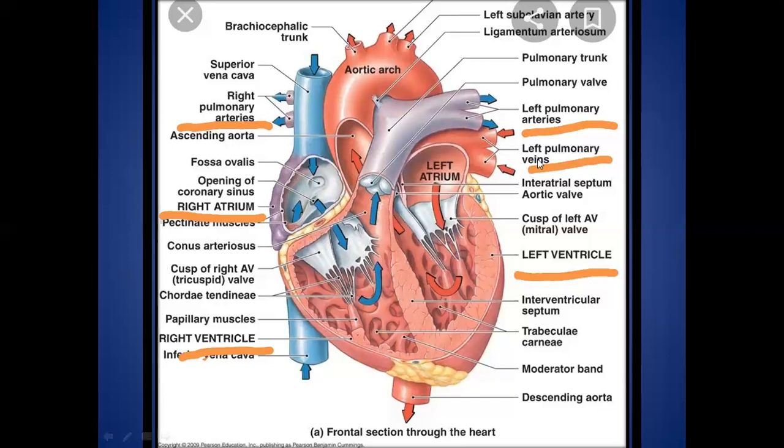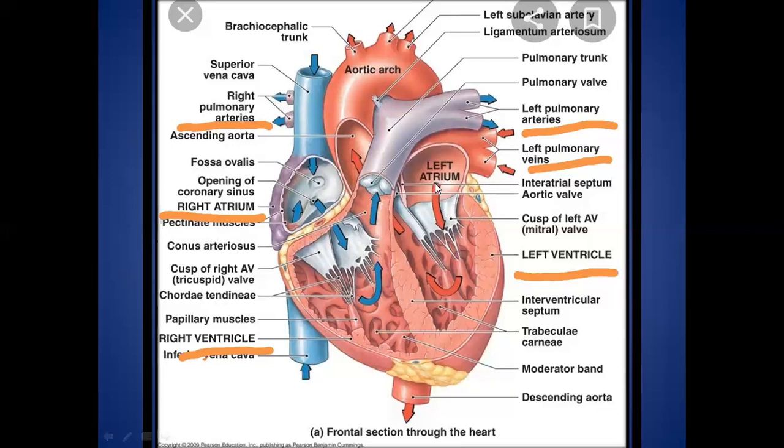The pulmonary artery, I told you, carries the deoxygenated blood from the heart to the lungs, and the veins which carry back the oxygenated blood or the clean blood to the heart are called the pulmonary veins. This pulmonary vein will bring clean, oxygenated blood from the lungs, and it will enter into the left atrium.